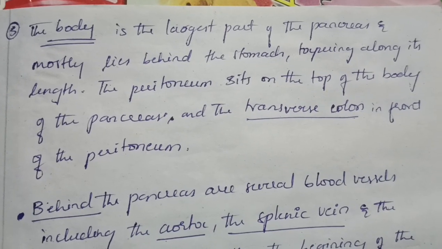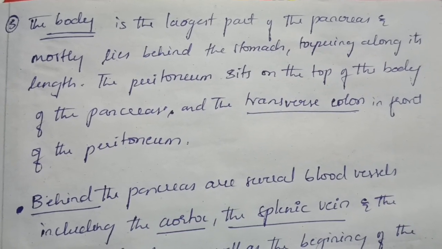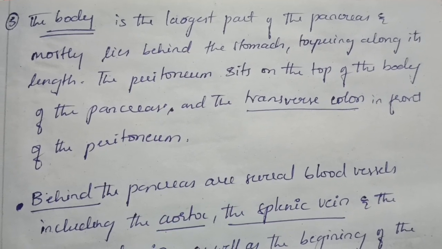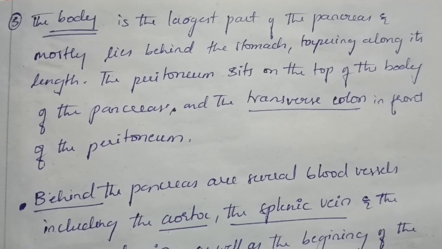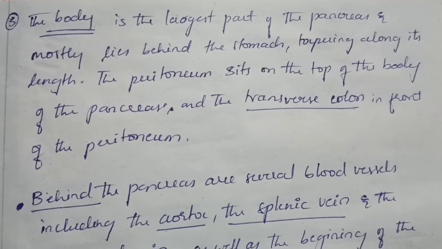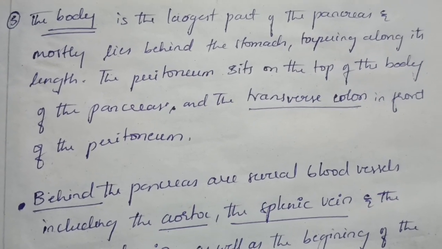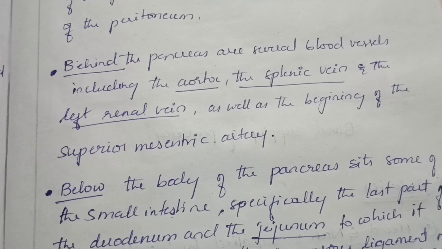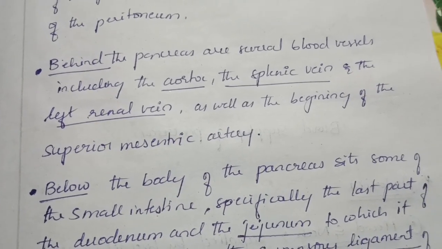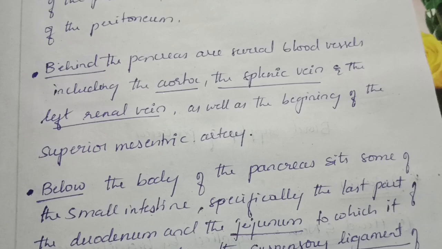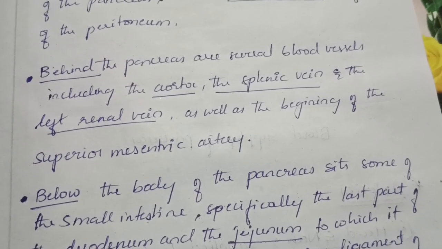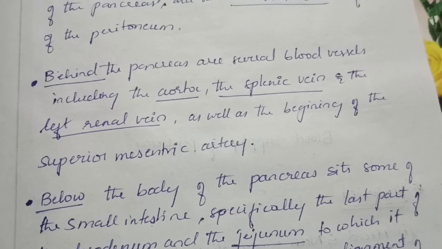The body is the longest part of the pancreas and mostly lies behind the stomach, tapering along its length. The peritoneum sits on the top of the body of the pancreas and the transverse colon in front of the peritoneum. Behind the pancreas are several blood vessels, including the aorta, the splenic vein, and the left renal vein, as well as the beginning of the superior mesenteric artery.